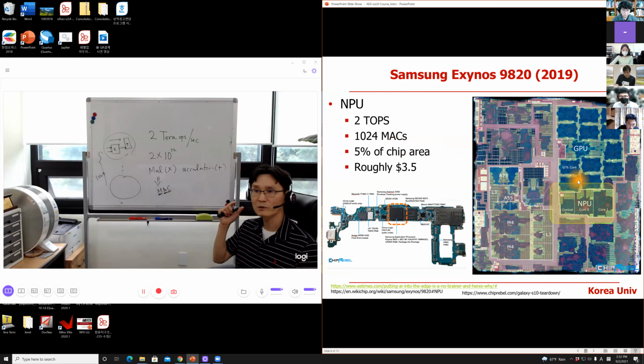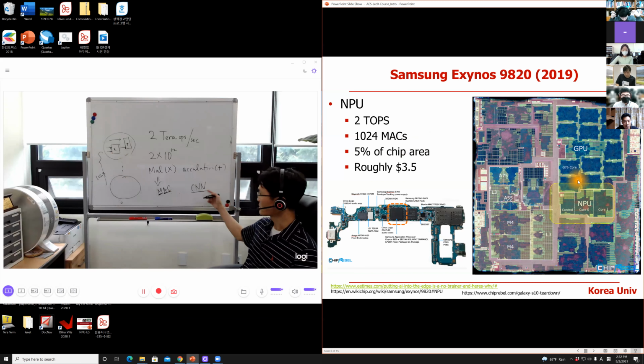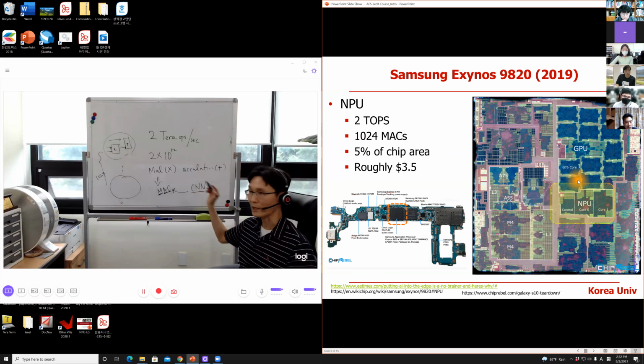If you think about a convolutional neural network, CNN, the main function from a hardware perspective is just MAC. You are doing a lot of multiplication and accumulation. That is why the NPU has a lot of MAC units.